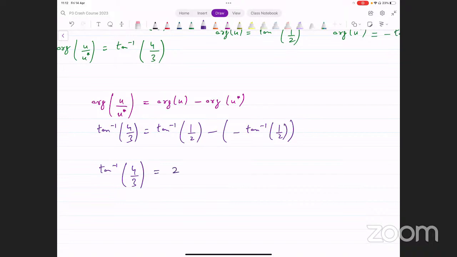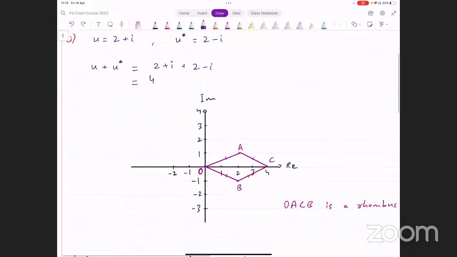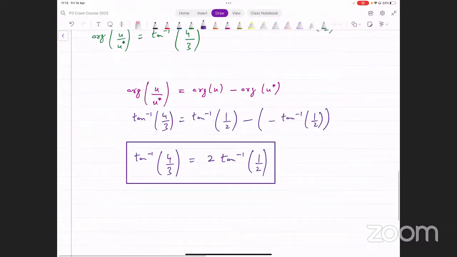So on the right side, we're going to get 2 into tan inverse of 1 over 2. And if you notice, this is exactly what we had to prove there. Tan inverse of 4 over 3 equals 2 tan inverse of 1 over 2. And we've got that here. All right, that's what we had to prove at the end.